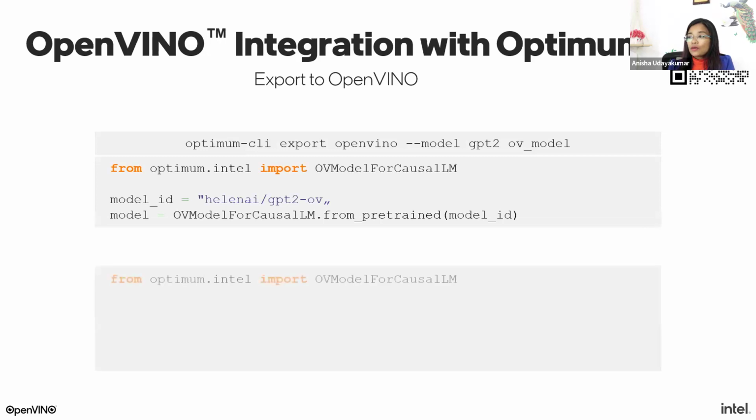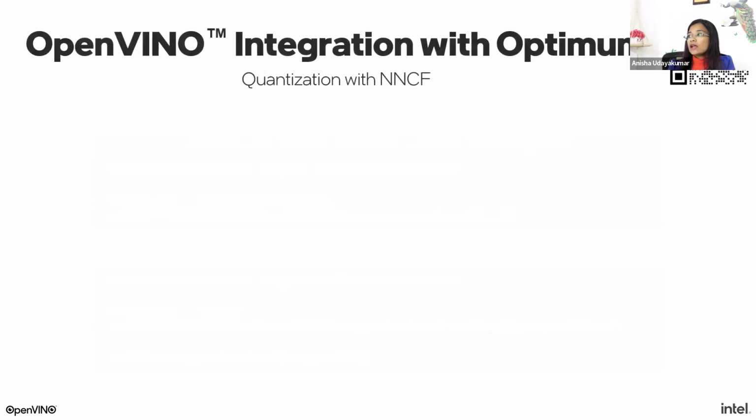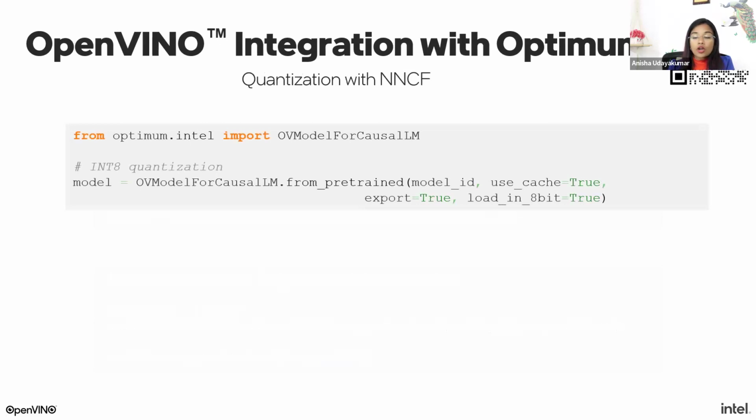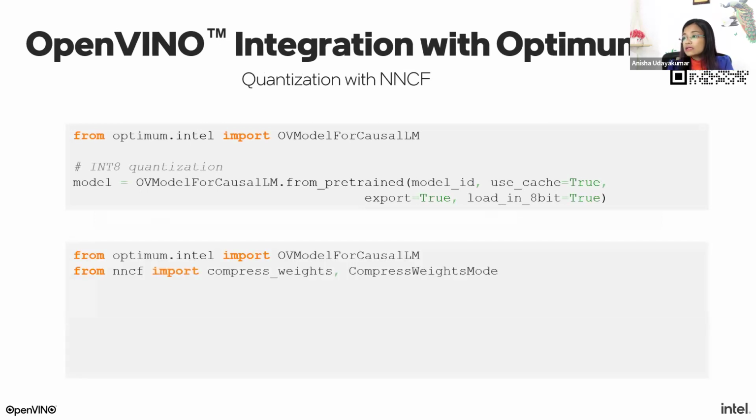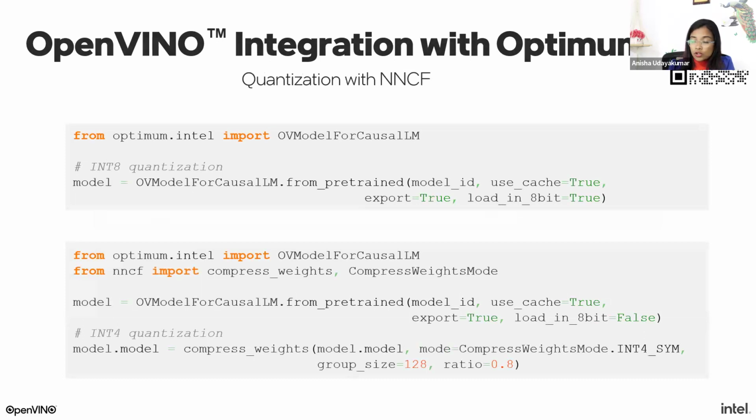So these are some of the code snippets that you can explore to learn more about Optimum Intel. The quantization with NNCF in Optimum Intel again looks like this.